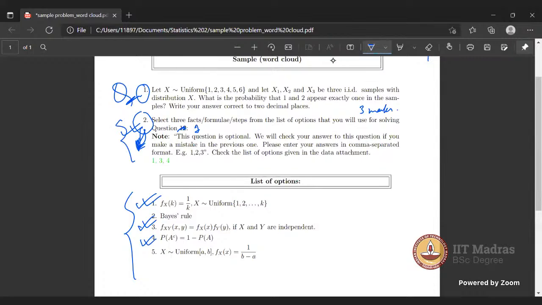Only if you are not sure, in some cases you may do the calculation wrong or something. So if there is time, then attempt this, or if you're not very sure, then attempt this. Okay, so this kind of question you are going to see in your mocks and quizzes. Is it clear?